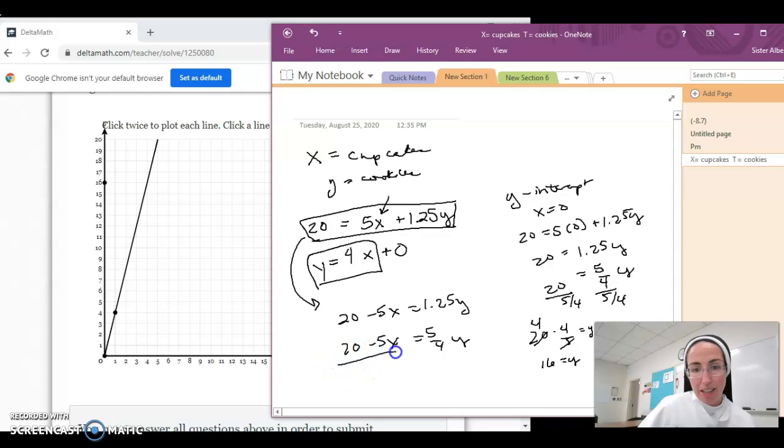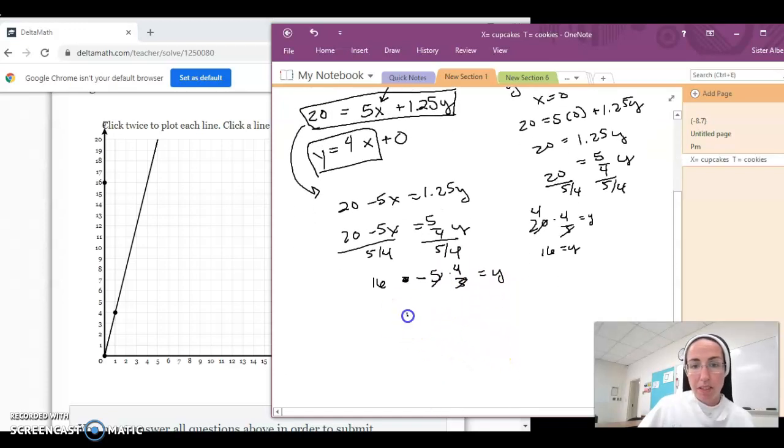And then I'm going to divide both sides by 5/4. So I already know 20 divided by 5/4 is 16. Minus 5 divided by 5/4 is 5 times 4/5. 5's cancel, equals y. So my slope is -4. So there's an x there.